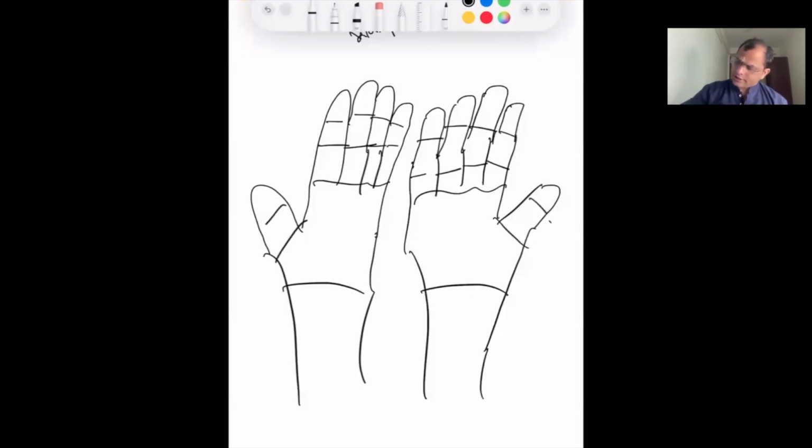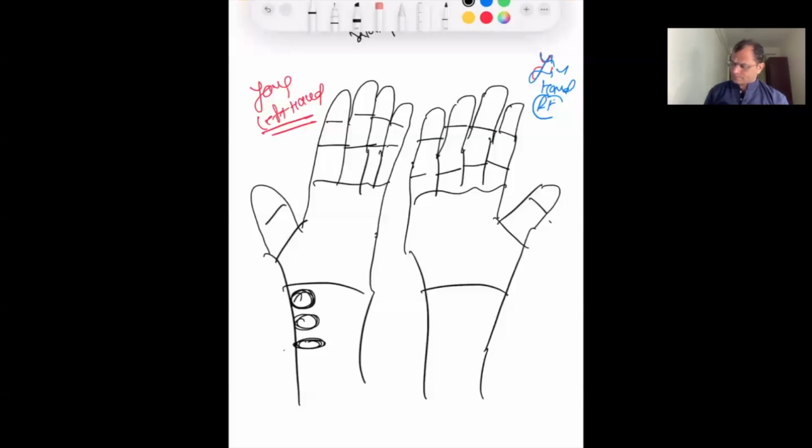So this is the yang hand or the left hand. And this is the yin hand or the right hand. So we are having 3 pulses here: 1, 2, and 3. Water, wood, and fire.